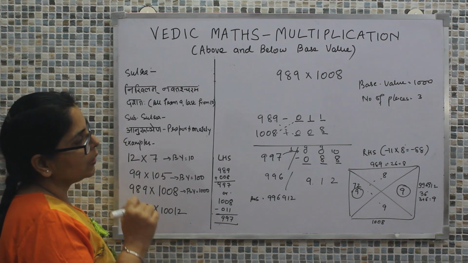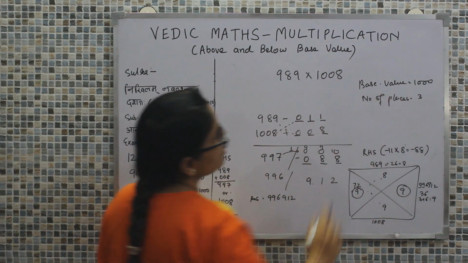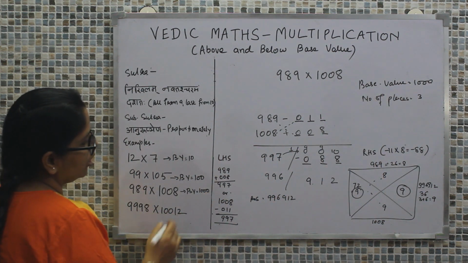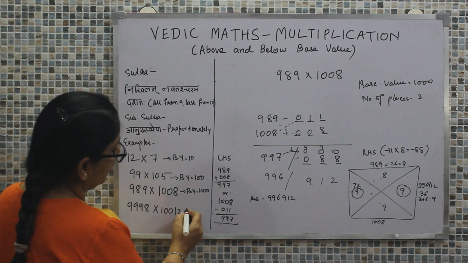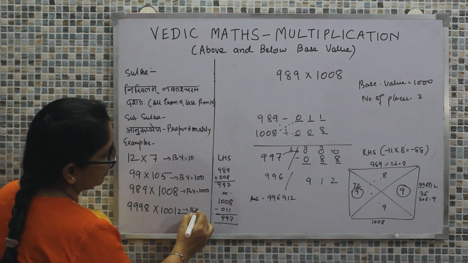So in this particular case, we have taken the base value as 1000. Now let's take up the last example where the base value will be 10,000.